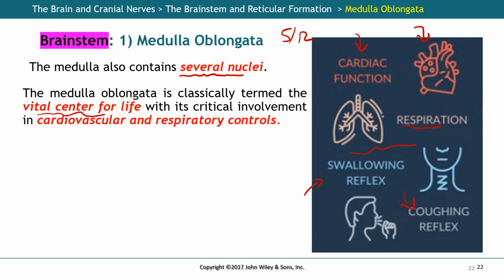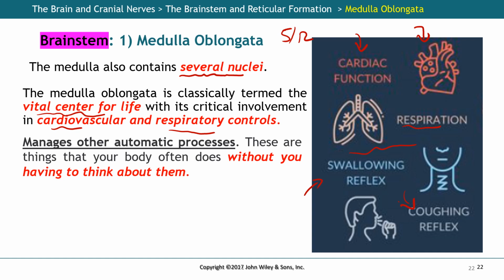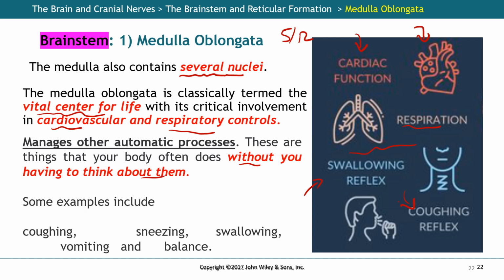It is critical in cardiovascular and respiratory control, and it also manages other automatic processes that you don't have to think about, such as coughing, sneezing, swallowing, vomiting, and balance.